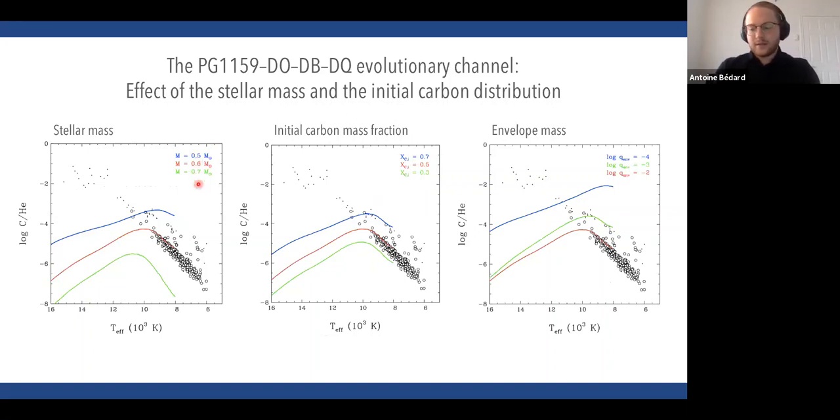I don't have the time to go into the detail of these plots, but the important point is that all three parameters have a huge effect, and this effect is obviously degenerate. And what this tells us is that the DQ white dwarfs form a very, very homogeneous population, because if you had, say, a range in envelope masses, we would not observe such a tight sequence in this diagram.